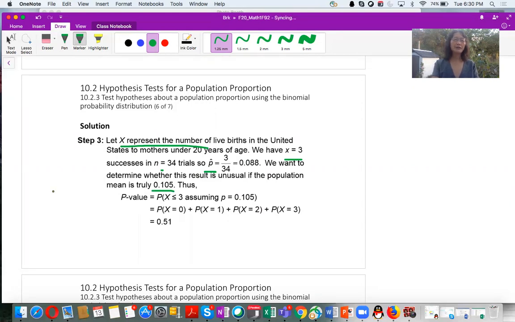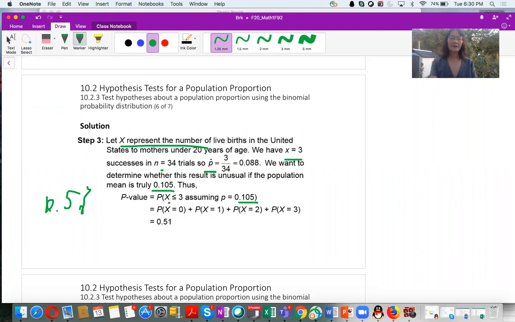Why is this number given? 10.5% is the same as 0.105. So we need to calculate the p-value. The p-value is the probability of X smaller or equal to 3, assuming the population proportion is 10.5%.